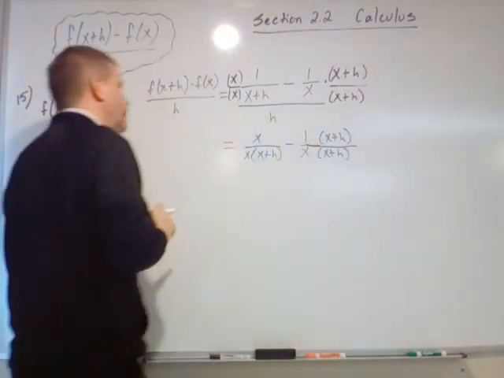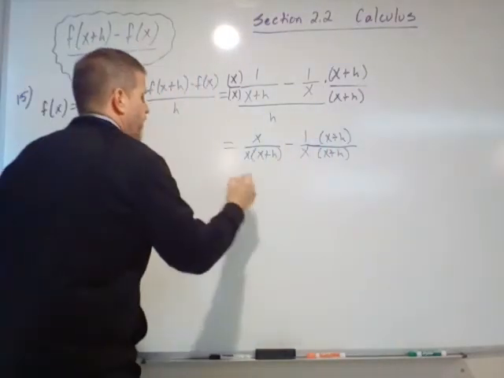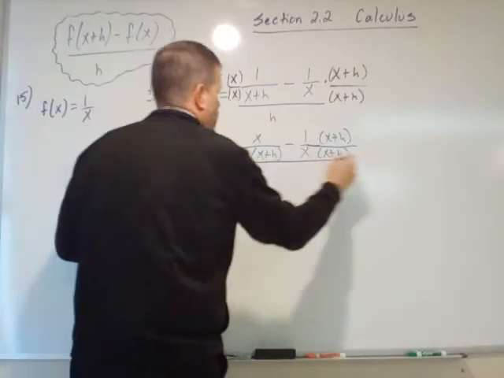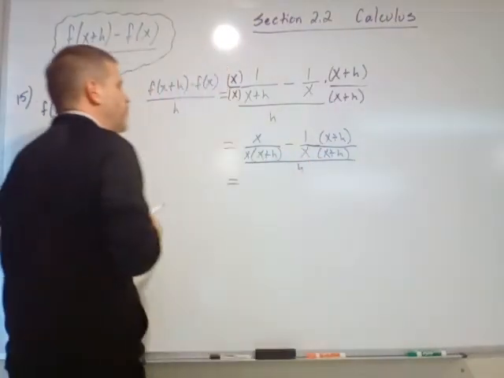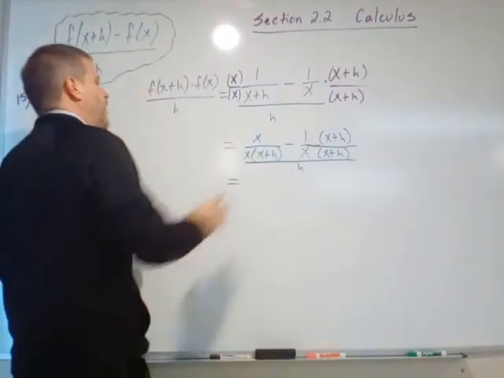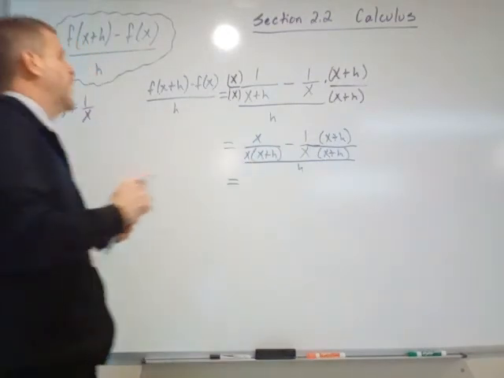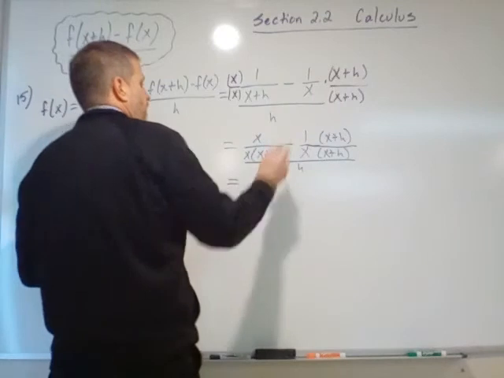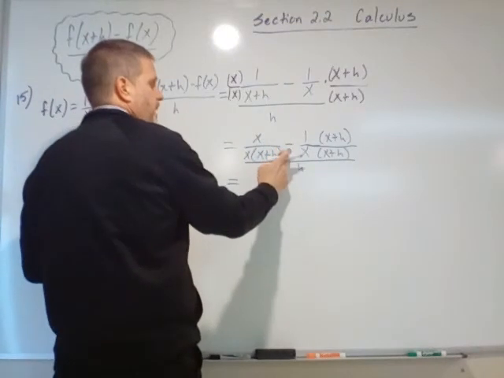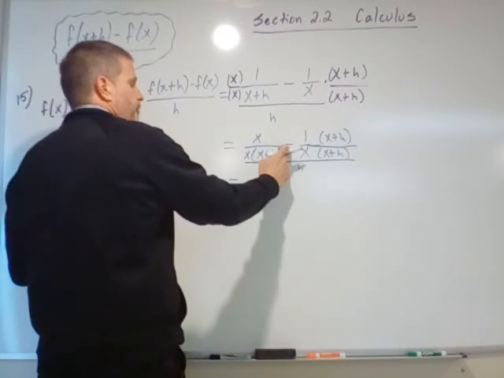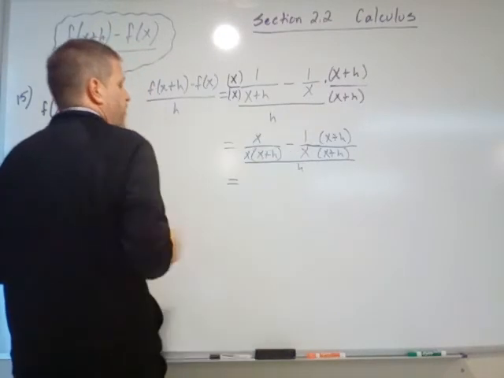All right, so in our numerator then, and again this is all over h, we do have the common denominator of x times x plus h. Okay, so from there then we're going to make sure we distribute this negative sign. Okay, and again, one of the most common mistakes in the difference quotient of this format.